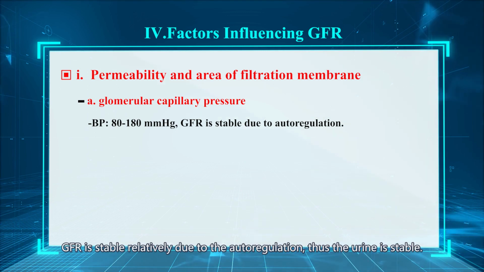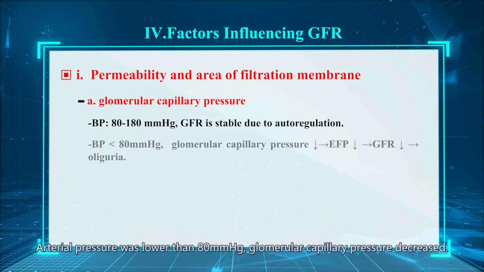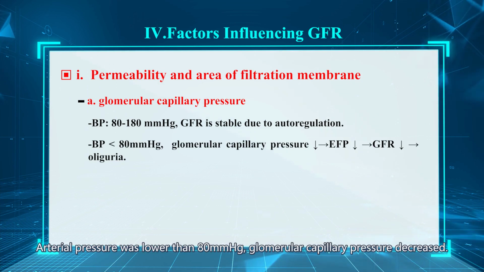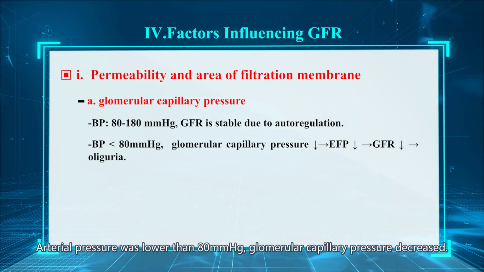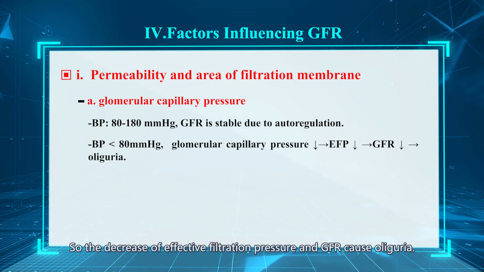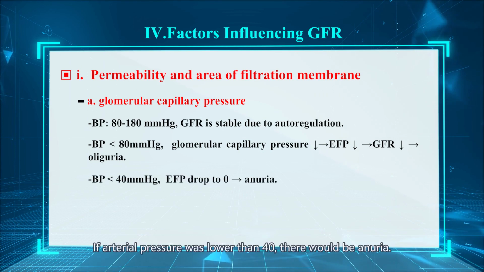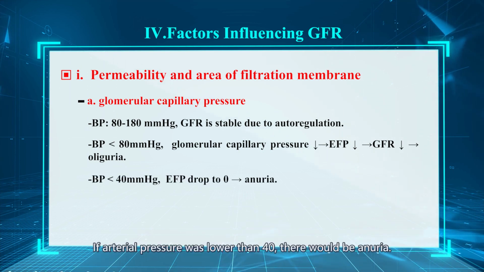Thus, the urine is stable. If arterial pressure was lower than 80 mmHg, glomerular capillary pressure decreased. So, the decrease of effective filtration pressure and GFR caused oliguria. If arterial pressure was lower than 40, there would be anuria.